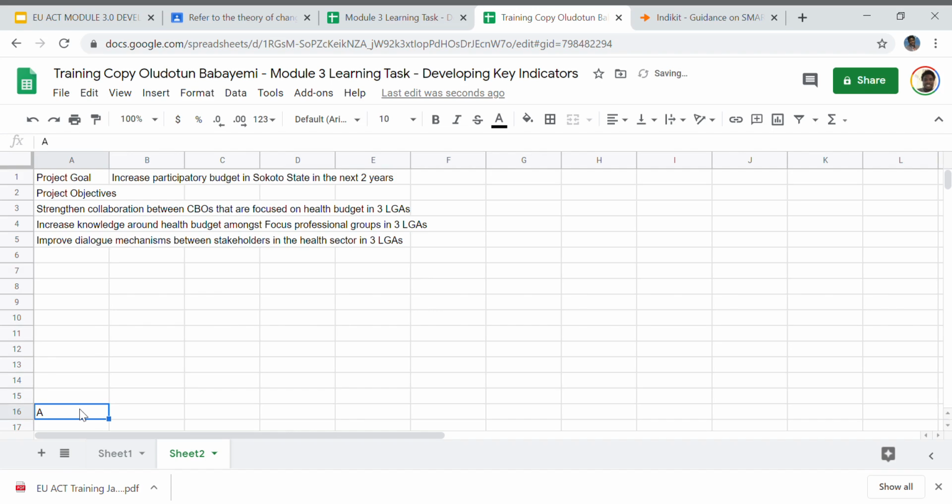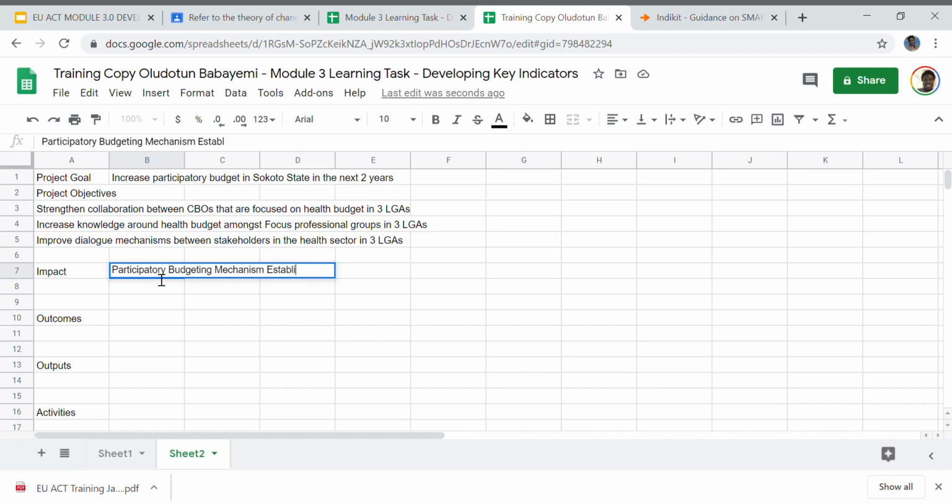Let me just stay with activities, outputs, outcomes, then impact at some point will be, yes, participatory budgeting established, right?